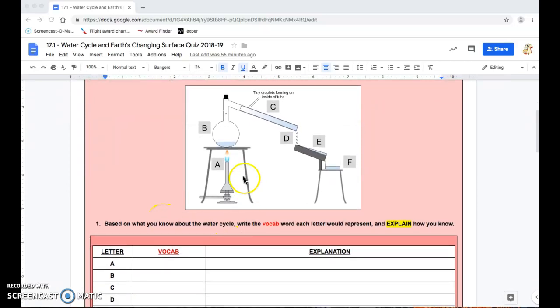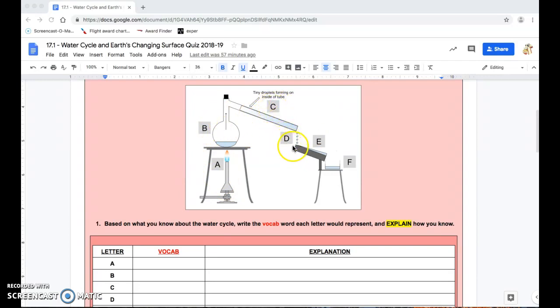The first is, I want to know the vocab word that would be associated with each of these areas. So let's say you think A is transpiration. It's not, but let's say that it was transpiration. You could say transpiration, and then give me an explanation as to how you know that it is transpiration. The only one that's difficult, I think B is pretty clear.